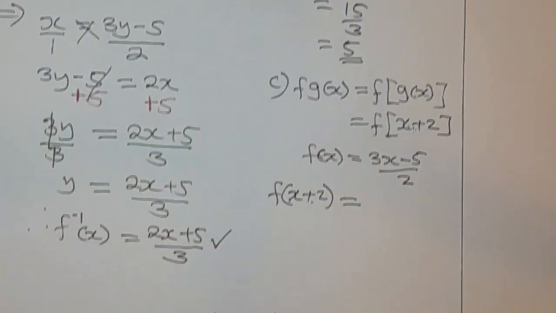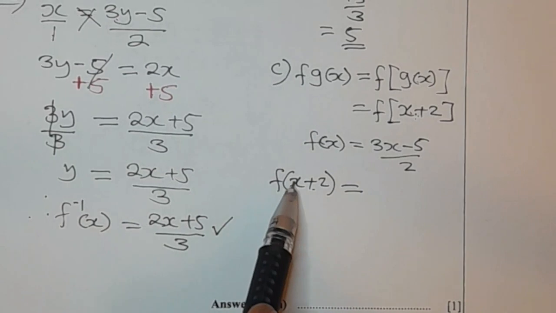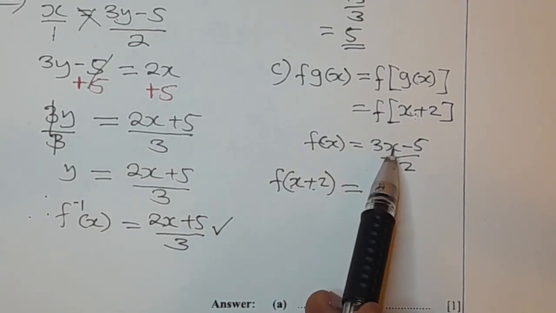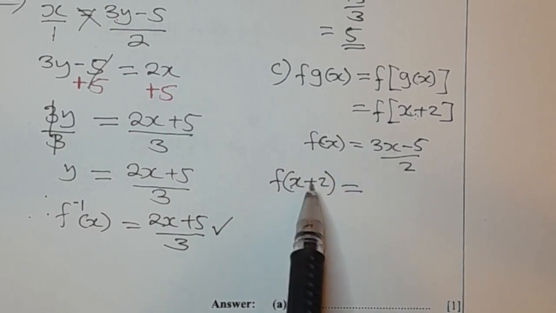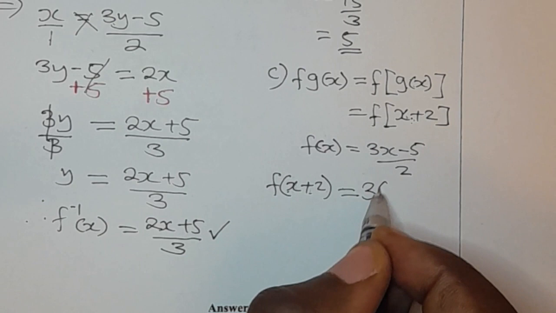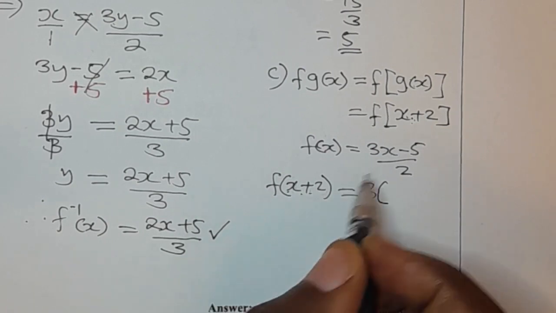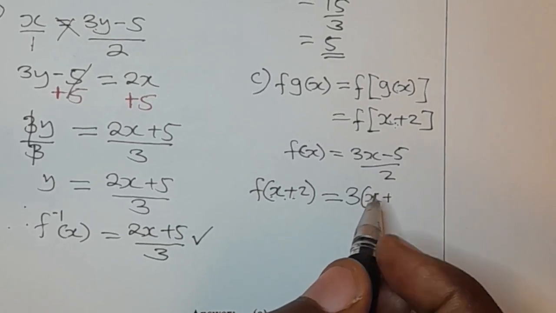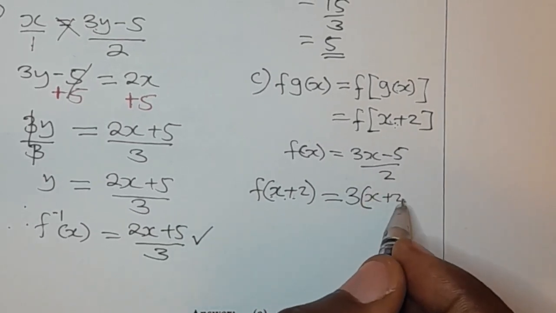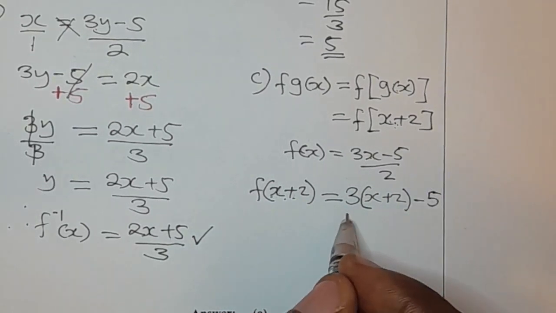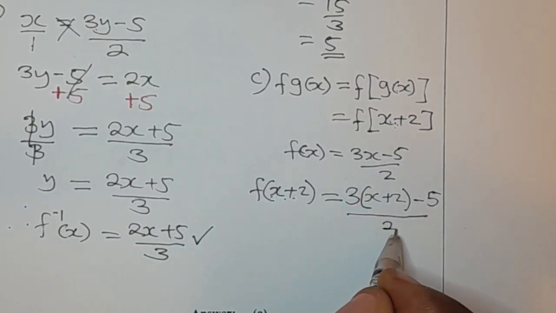So it's also the same here, when we have f of (x plus 2), wherever there is x, we are going to replace this. So what you are having is 3, open brackets, then replace this here, x plus 2, then minus 5, over 2.